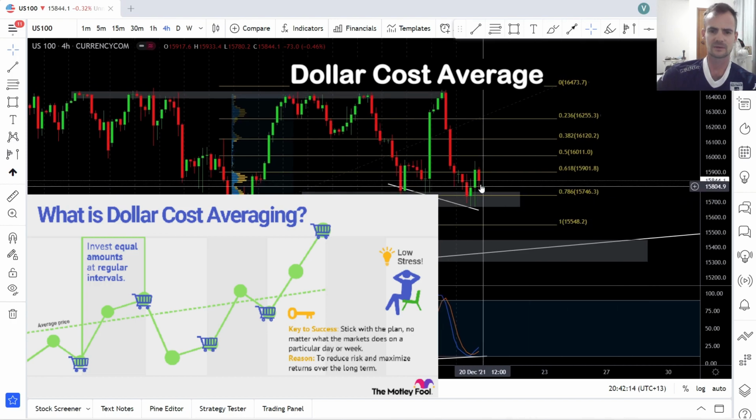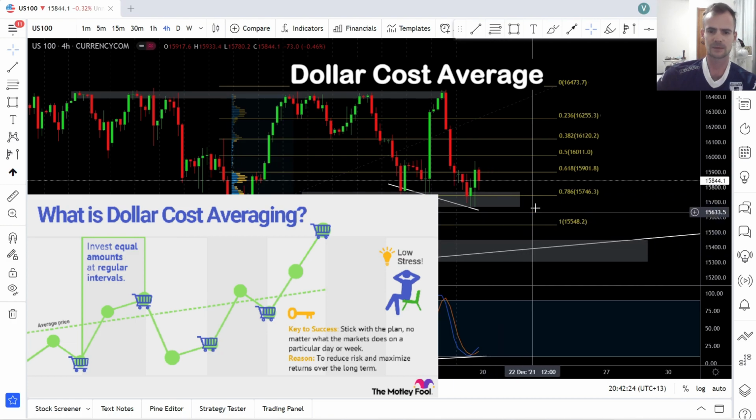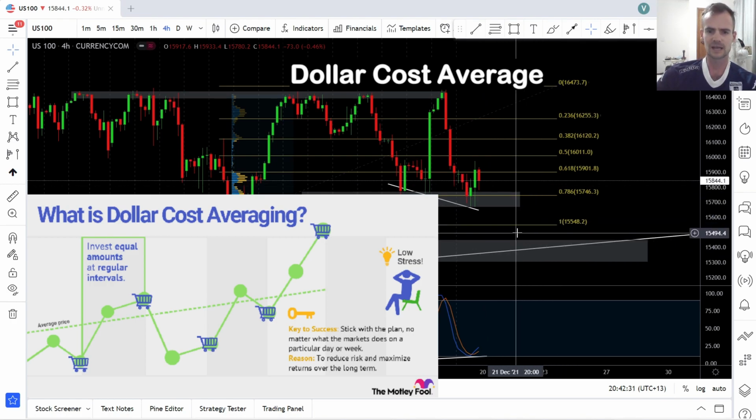But you can dollar cost average, meaning you take a small position here. If it fails, what I do is if this level fails, then I'll hedge. And when I see a rejection coming off this level, I'll release the hedge and add my second small position. And as price moves up, you'll make money on this position. Price will only have to move up halfway in order for you to break even.